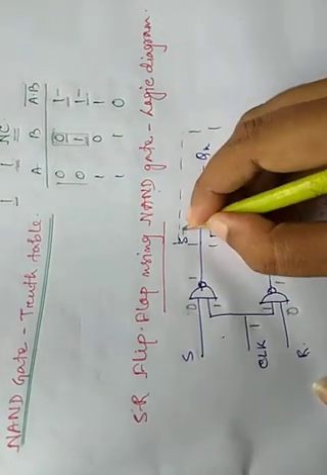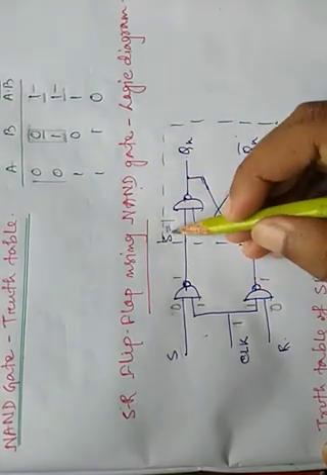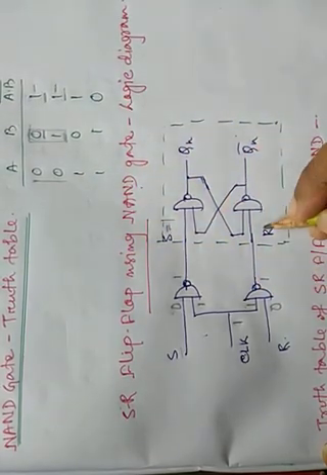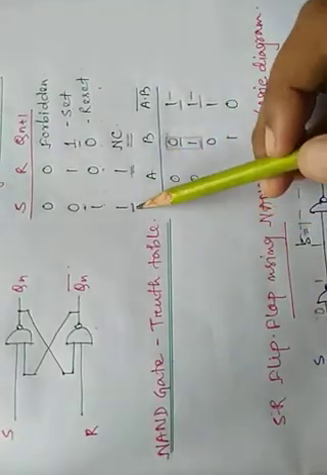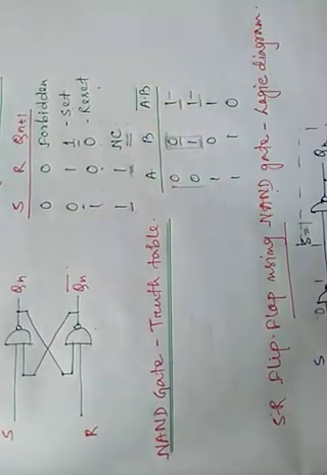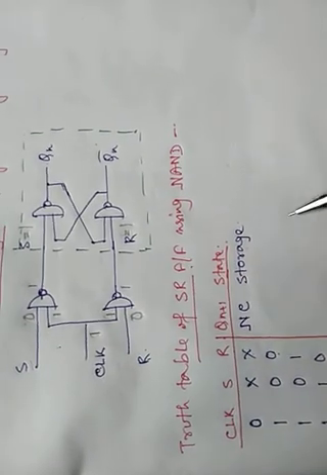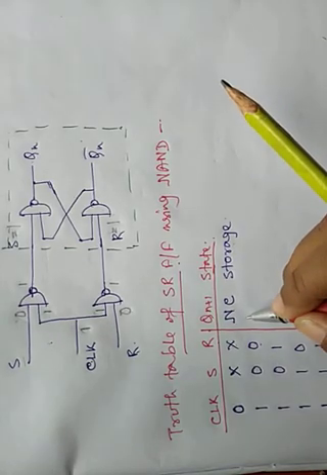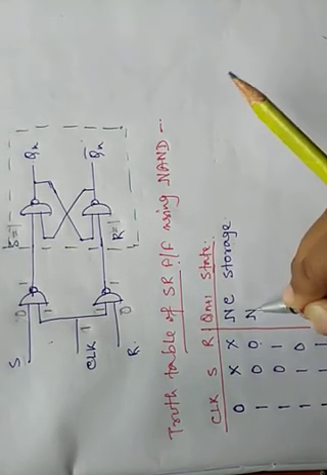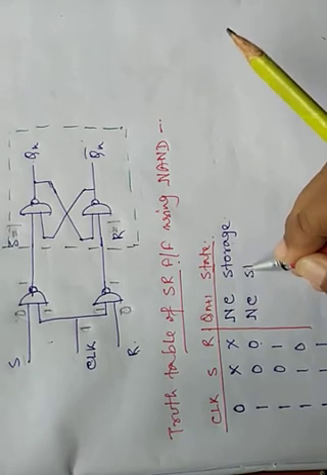This output is fed as an input, that means S1 and R1. For S1 and R1 NAND latch, this is no change. So here we can write no change, storage.